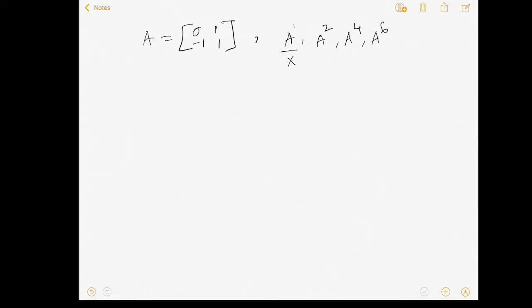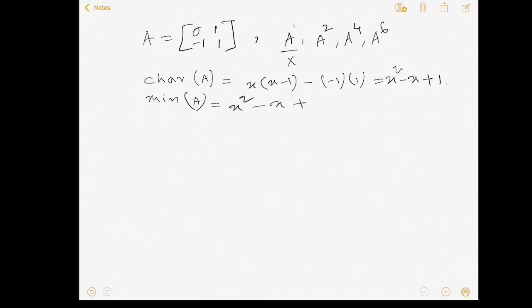So for that, first we need to calculate the characteristic polynomial of A, which is char A is the notation, is equal to, if you just calculate it, it's very easy to calculate, x into x minus 1 minus 1 1, which is nothing but x square minus x plus 1. This is the characteristic polynomial. And if you see, the minimal polynomial of A is also x square minus x plus 1, because minimal polynomial of A always divides the characteristic polynomial of A, and you see this characteristic polynomial here is irreducible.